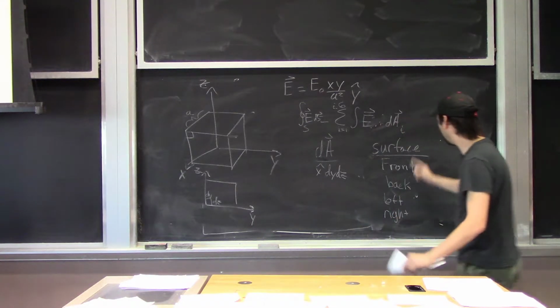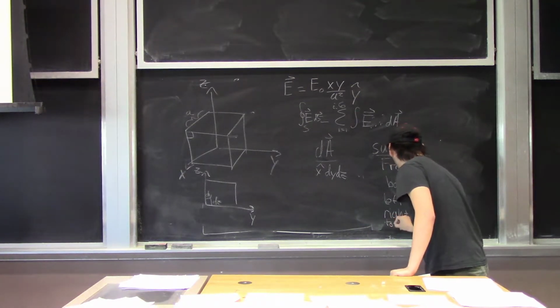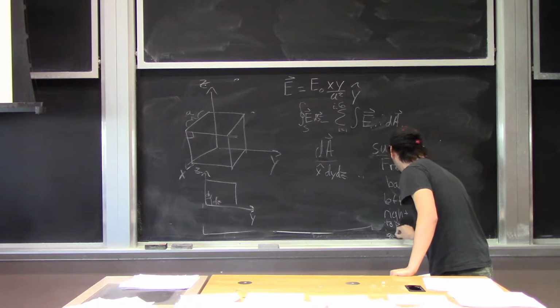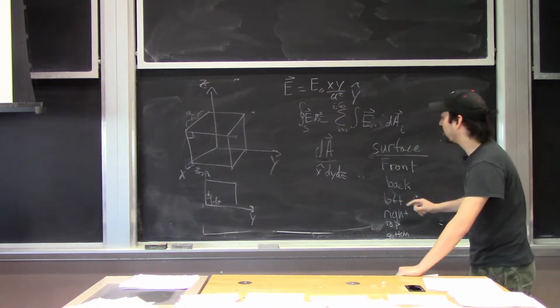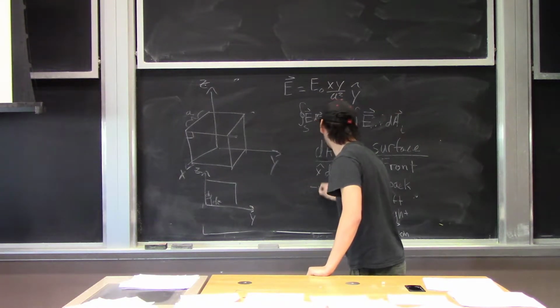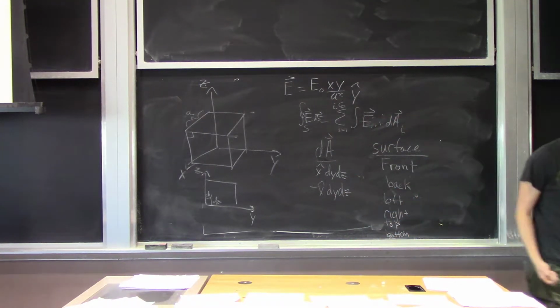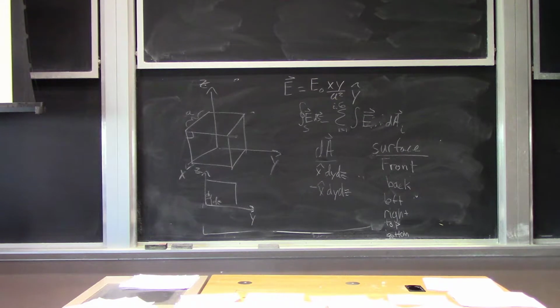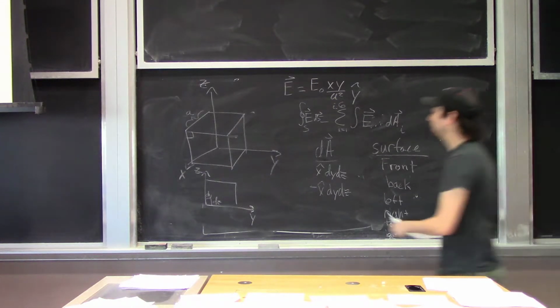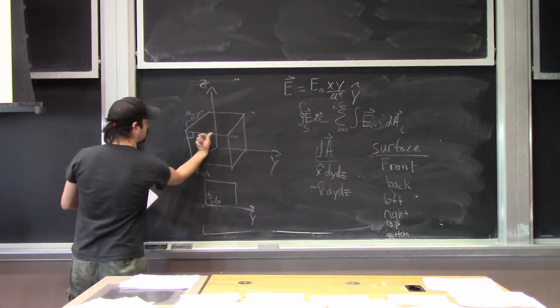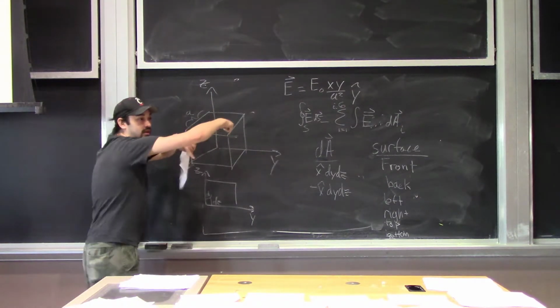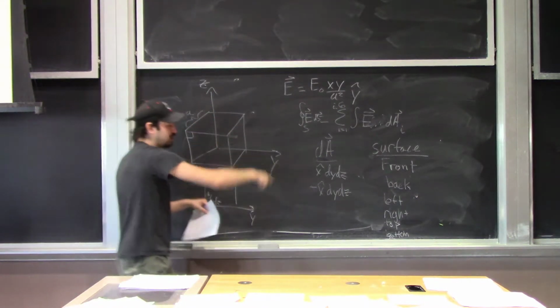I'm missing top and bottom. So for the back, this is going to be minus x hat dy dz. Why am I saying it's minus x hat? What do you guys think? Yeah, because it's going the opposite way. Exactly. So for the front, the vector that points out goes this way. For the back, the vector that points out is this way, which is a minus x hat. Good.